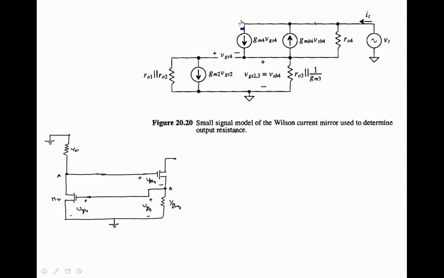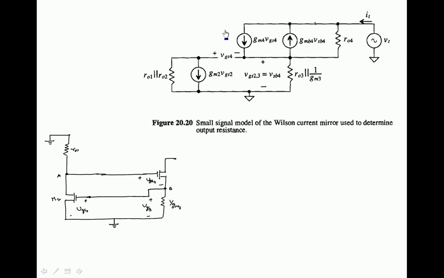This is the actual drain current gmVGS, and this is the drain current which results because of the body effect. Both are in opposite directions, so this current subtracts from gm4VGS4. The effective drain current is lesser than gm4VGS4. That is the previous case without body effect, and this is the effective drain current with body effect.